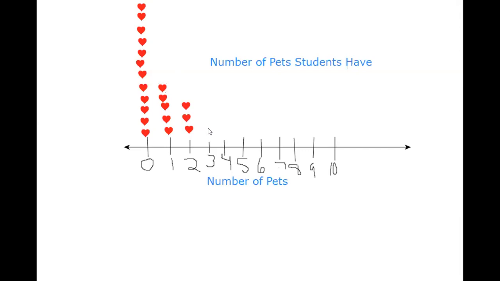So I need 4 hearts. 1, 2, 3, 4. Okay, and now it's very easy to compare. Oh, look, so far, 0 is the most common number of pets that kids or students have. Okay, 4 pets is only 2.